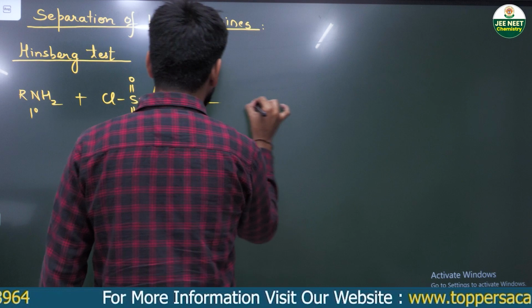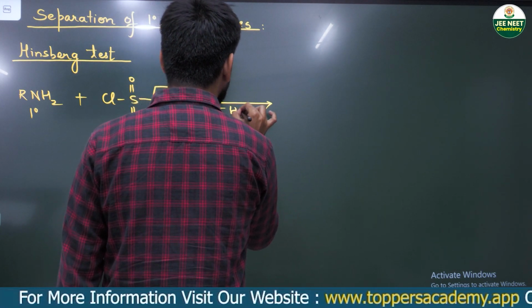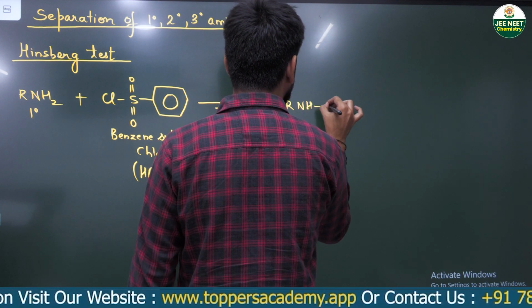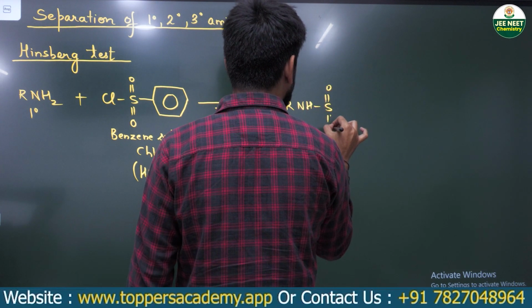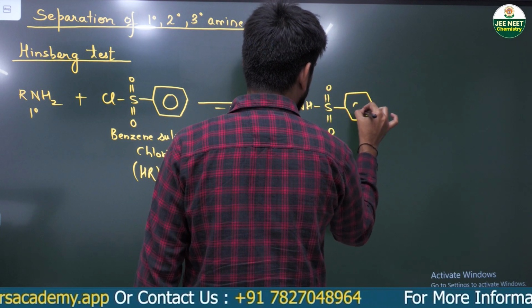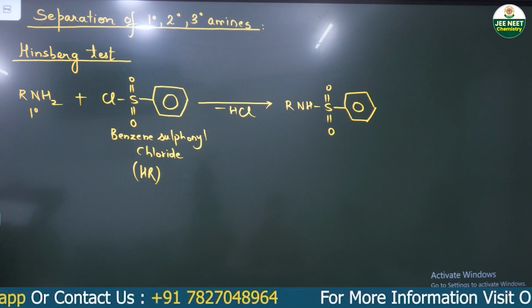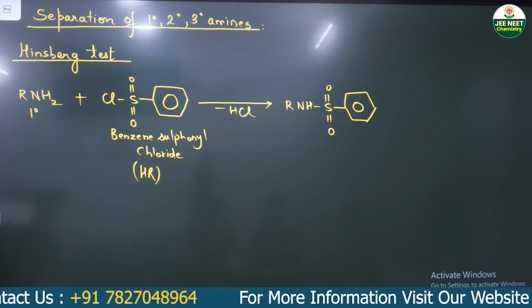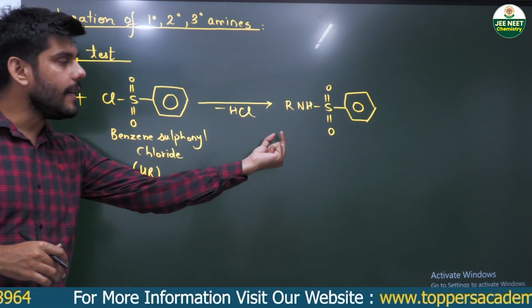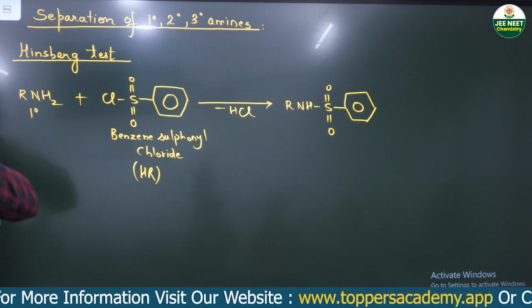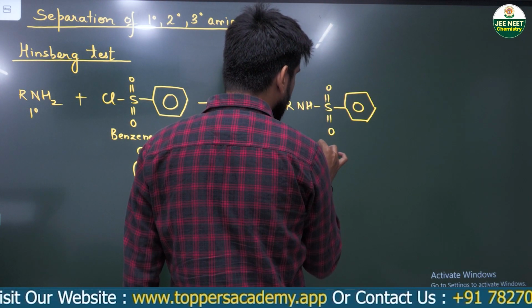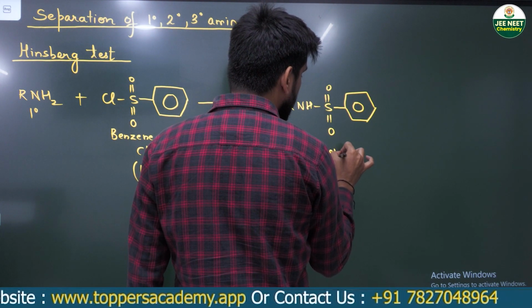What will happen? Minus HCl. What do I get is R-NH-SO2-C6H5. What is the name of this? This is N-alkyl benzene sulfonamide.